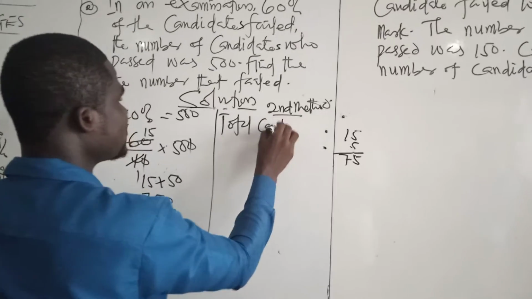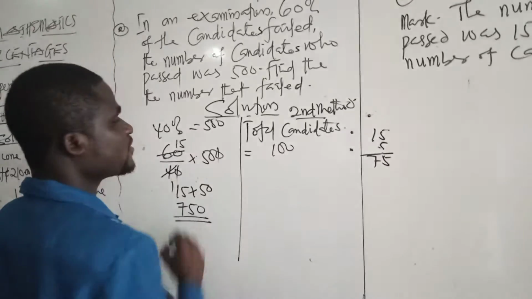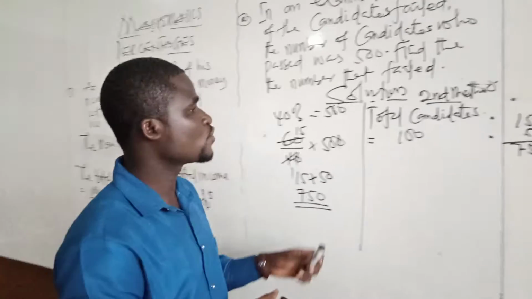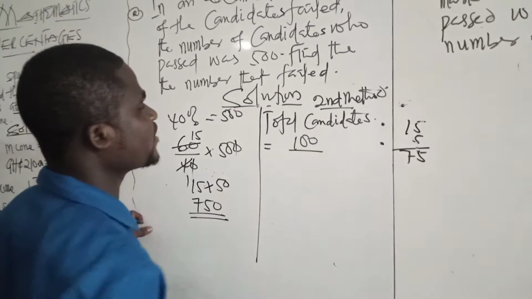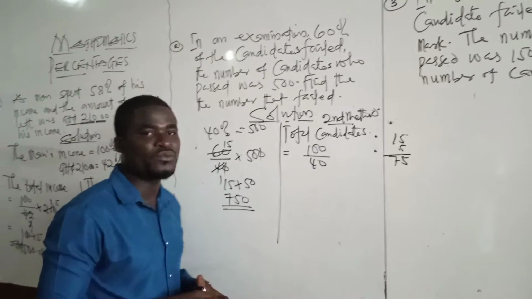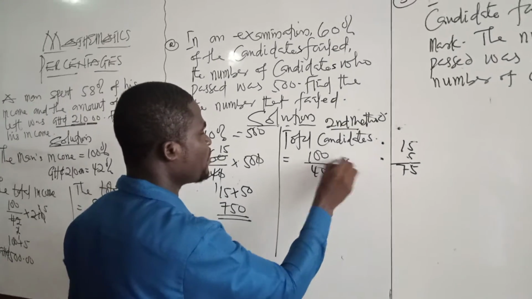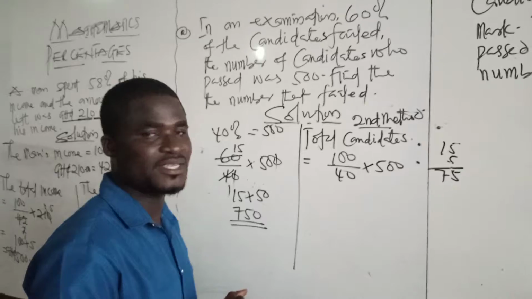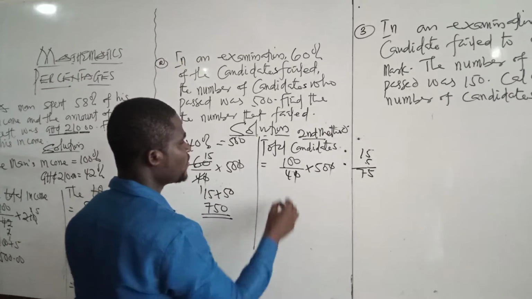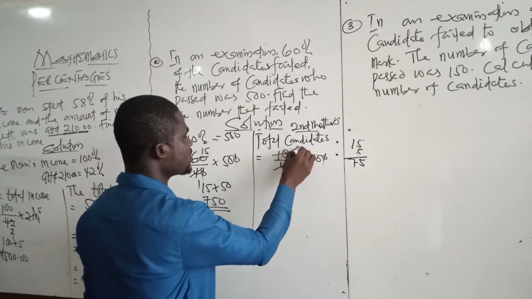Total candidates is equal to 100 because total candidates is equivalent to 100%. So 100 divided by 40, because the percentage of those who passed was 40%, times those who passed, 500 candidates. So 0 cancels 0, 4 goes here 1, 4 goes to 100, 25 times.